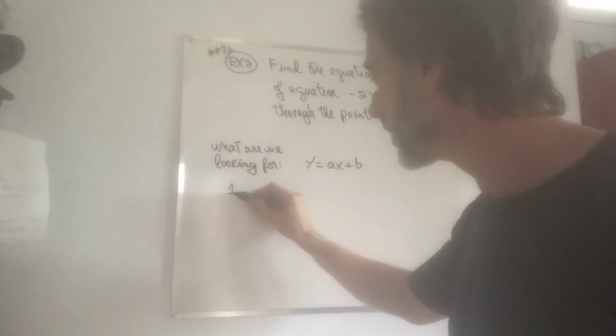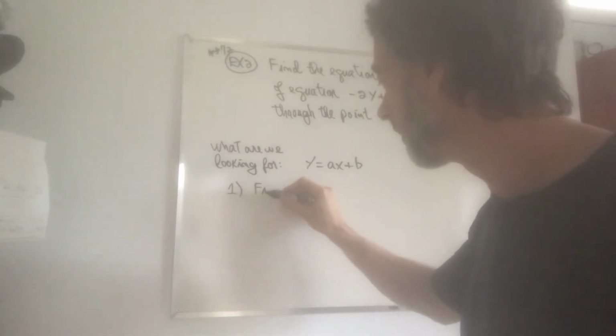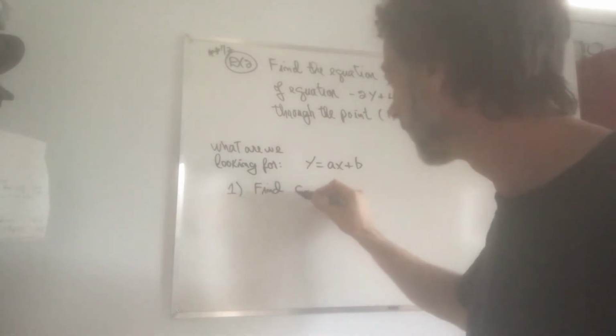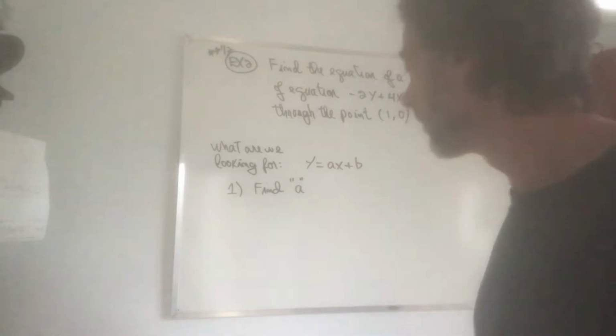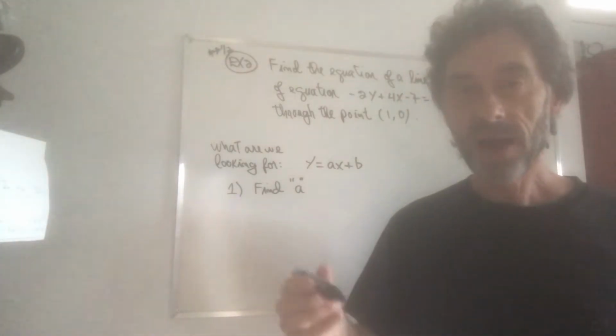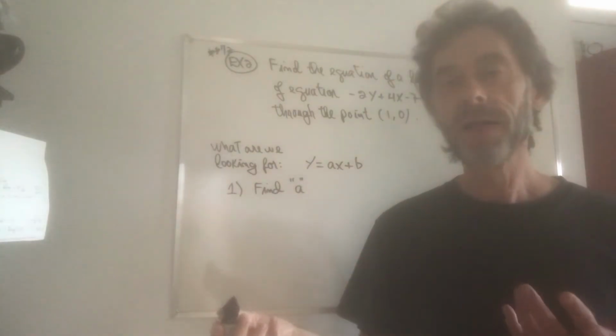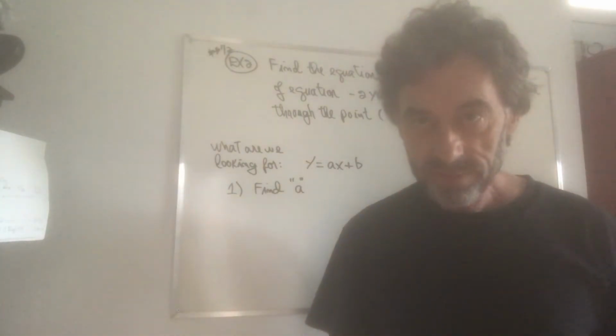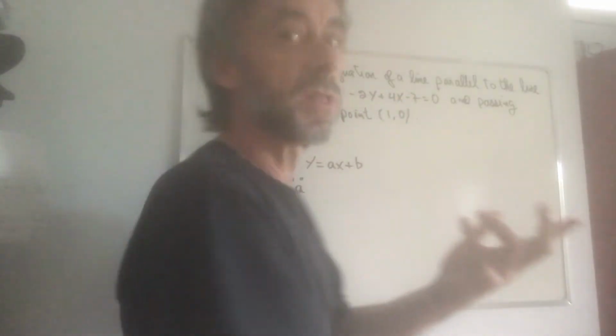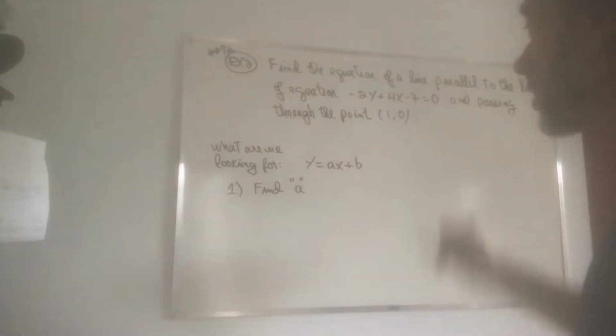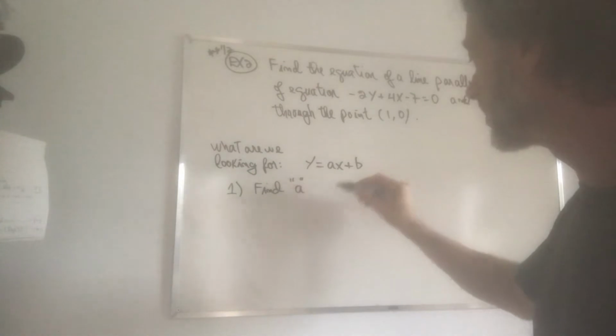So on my agenda, the first thing is to find a, the slope. My line will be parallel to the line given here, and two parallel lines have the same slope, right? So if I can find the slope of this line, I will find the slope of my line. Let's investigate the slope of this.